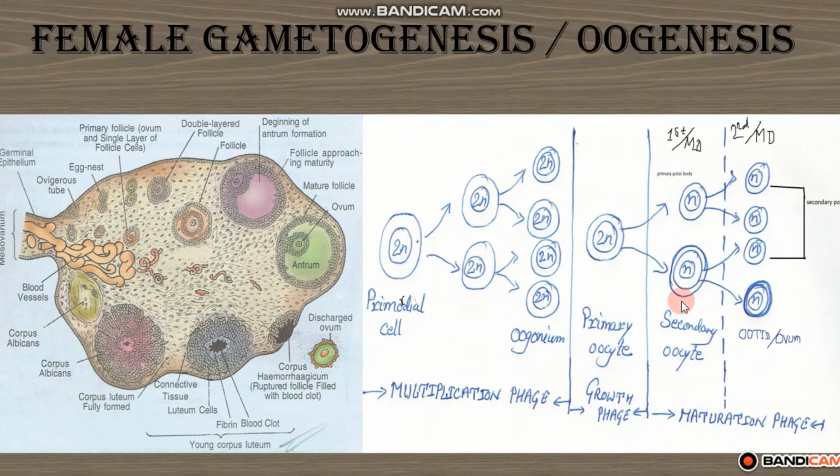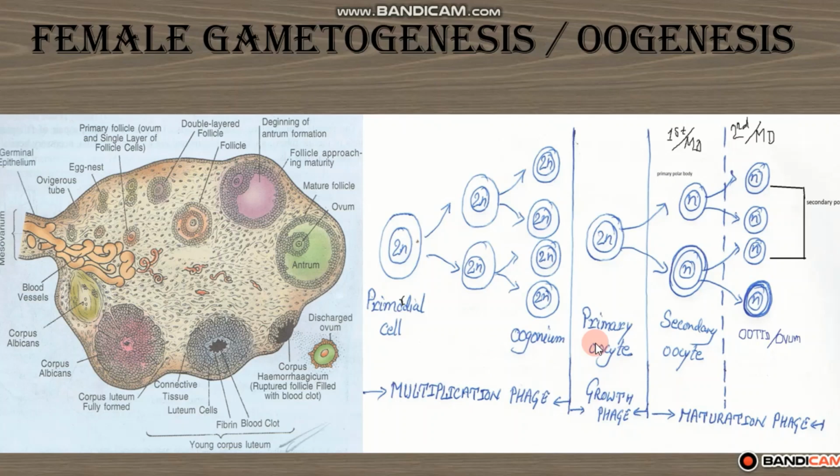So what is the difference between male gametogenesis and oogenesis? Let me tell you here. This is the main basic structure, the main basic thing of the formation of oogenesis or spermatogenesis. So this structure we need to learn, how it forms.